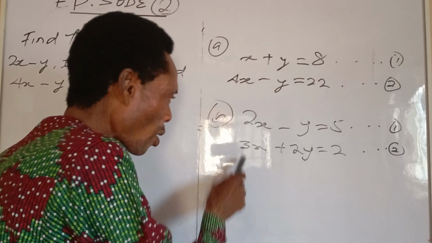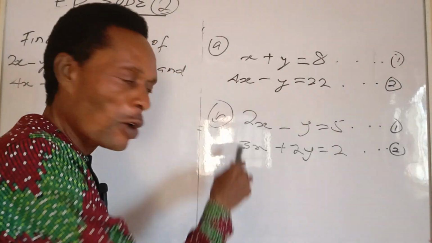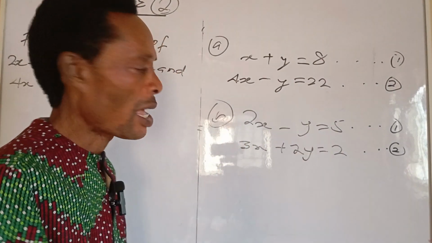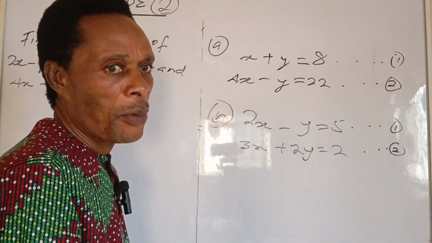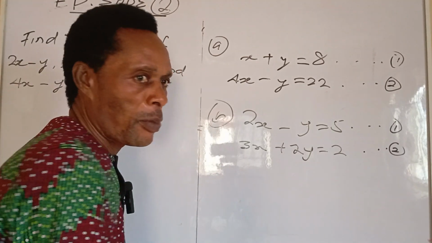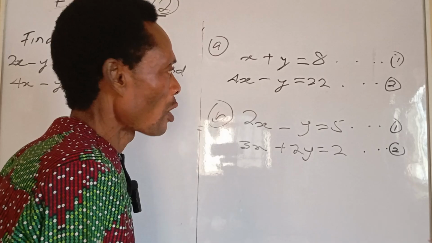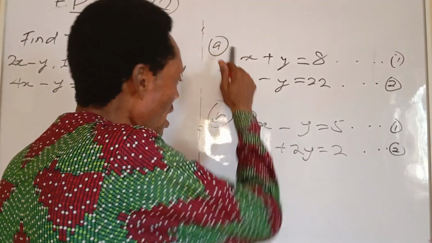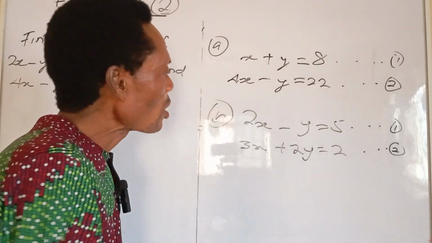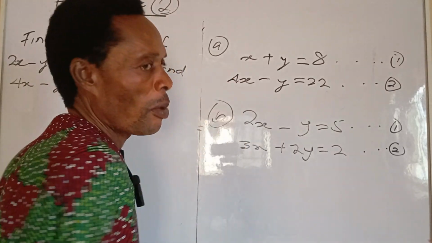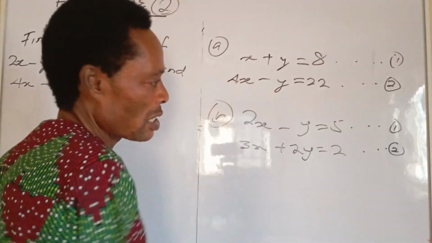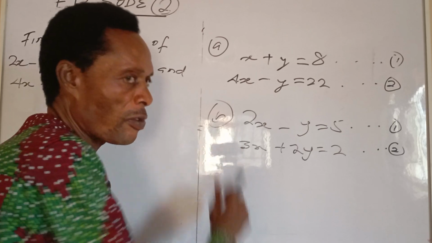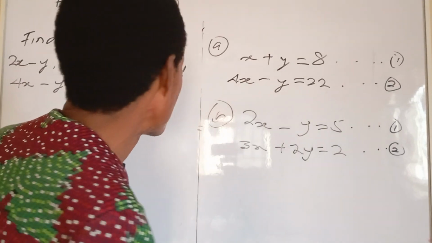But you can use the substitution method for both A and B. Substitution can go for any of them, but elimination can only go for this one, not this. Understood?